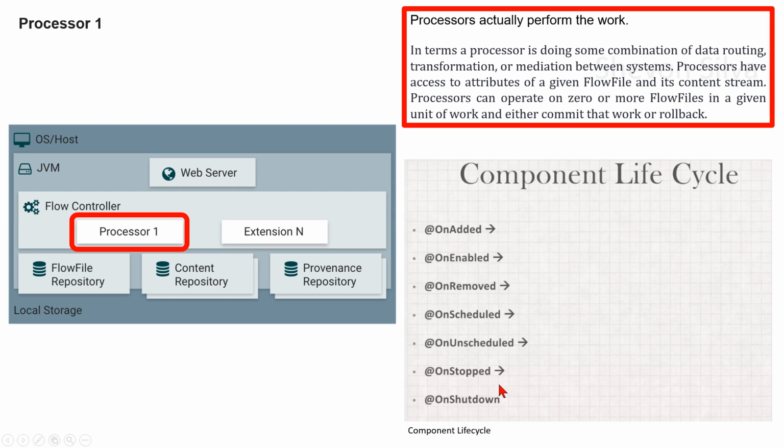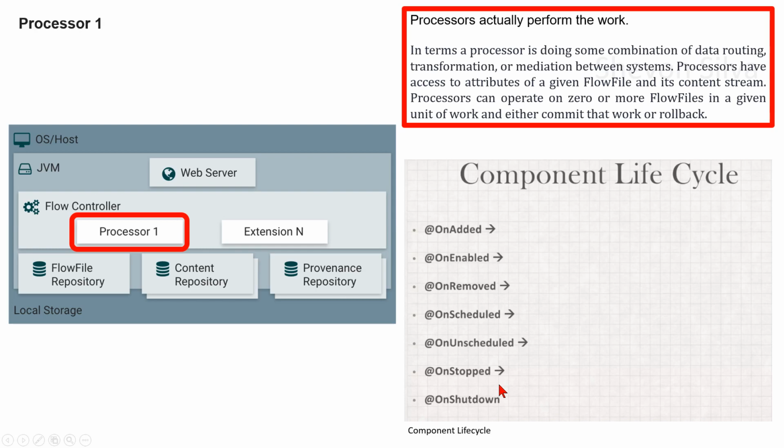@OnStopped. A method with this annotation will be called when a processor or reporting task is no longer scheduled to run and all threads have returned from the onTrigger method. If such a method throws an exception, a log message will be generated and the exception will otherwise be ignored.